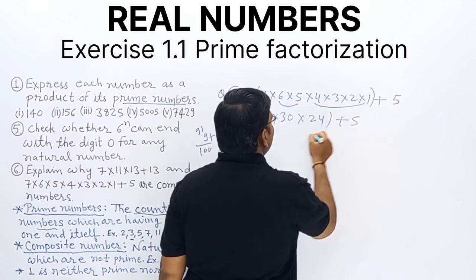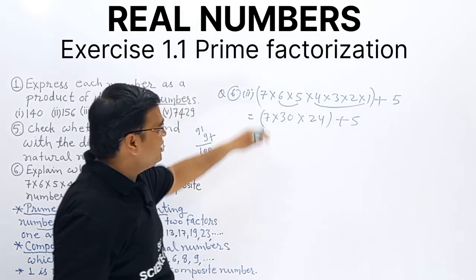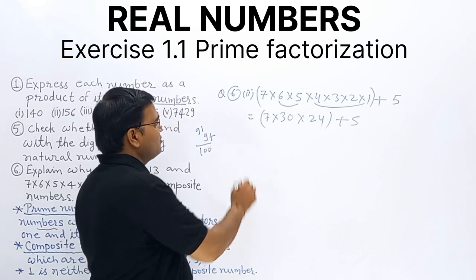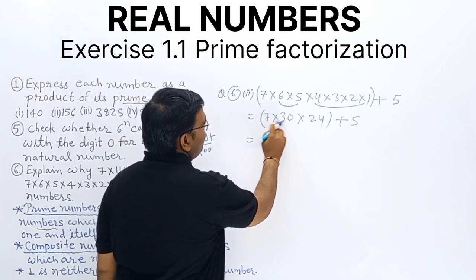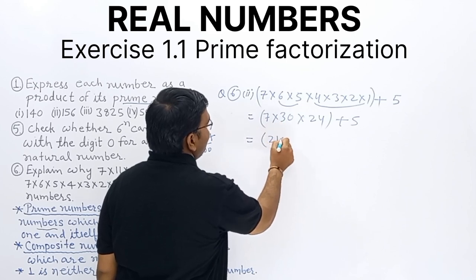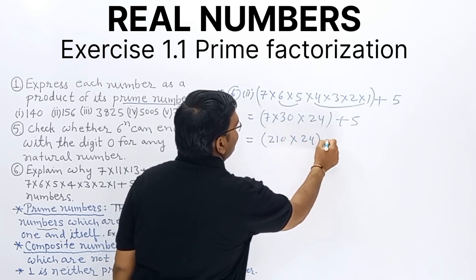Then we will add 5. I converted this product into only 3 numbers. This is a multiple of 10, so we can easily multiply: 7 threes are 21 into 24, plus 5.